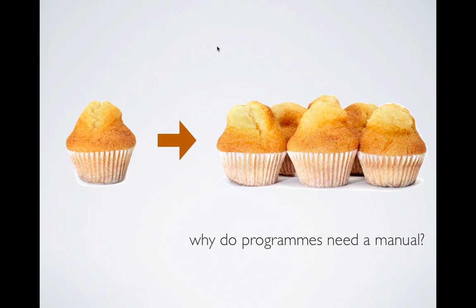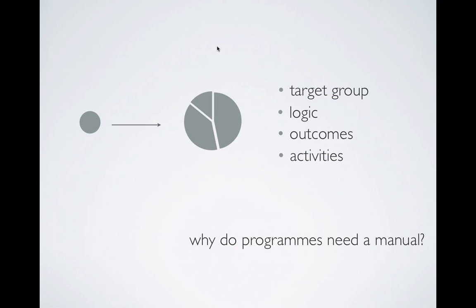If you were to replace flour with rice, for example, those two things wouldn't necessarily look the same. Or if you were to use half the amount of flour, those cakes wouldn't turn out the same way. To illustrate this in terms of programs, when a program's constituent parts are clear, in other words, the target group, the logic, the outcomes and activities are specified in a manual, it's more likely to replicate well in different settings or when it's delivered by different staff.